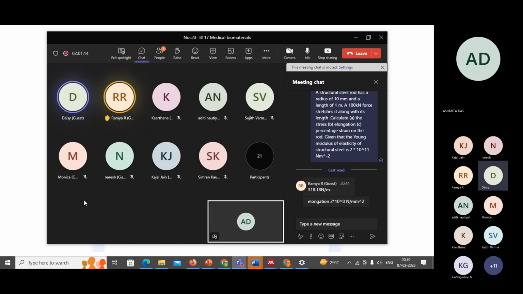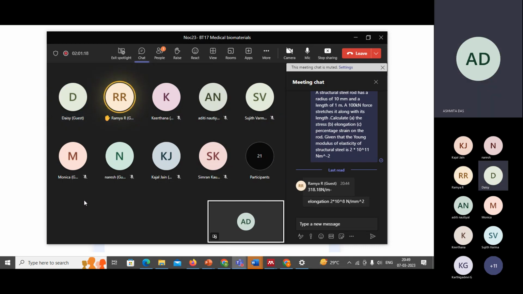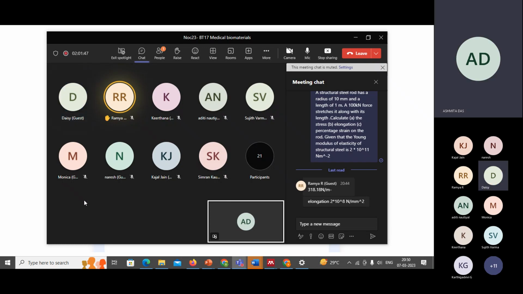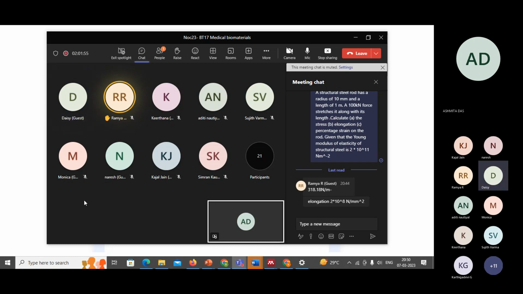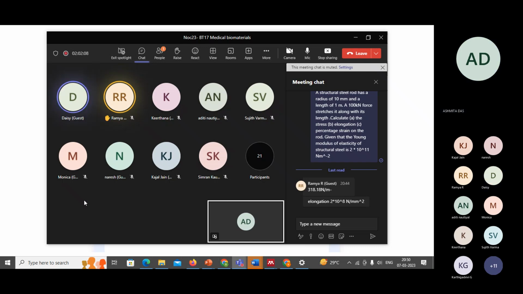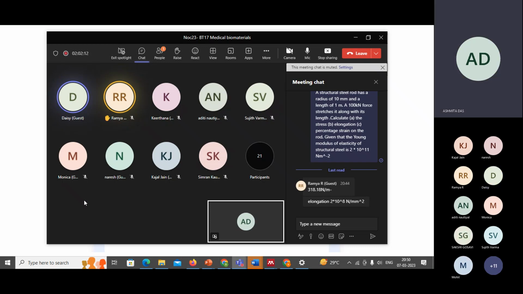The stress will be 3.18 into 10 to the power 8, and the strain formula is del L by L. If we rearrange, del L is equal to 3.18 into 10 to the power 8 by Y. The length is 1, so finally we get 0.00159 meter.